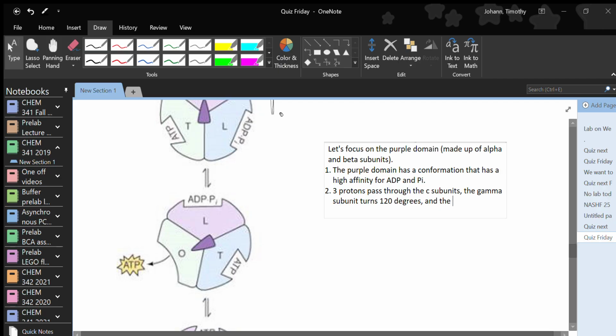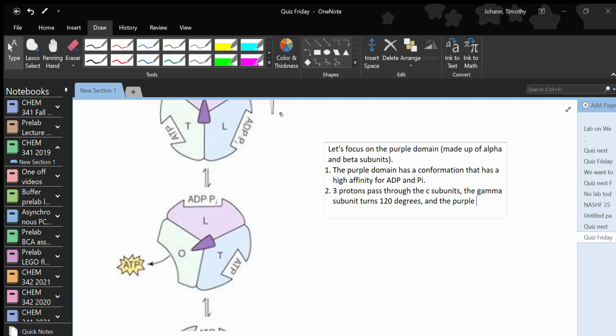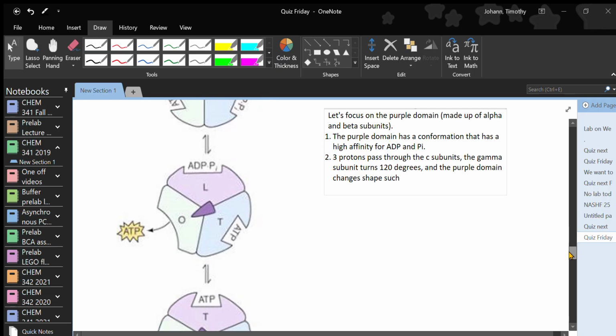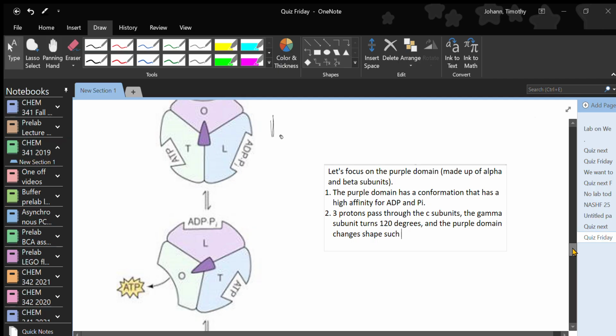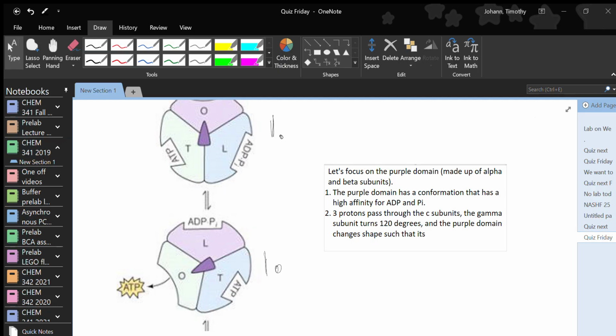And the purple domain changes shape such that it has a high affinity for ATP. It thus combines ADP and phosphate to make ATP.